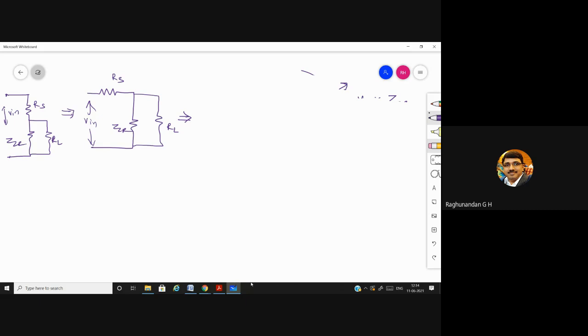As I told, Thevenin's theorem is going to combine the n number of resistances to give an effective value, or it is going to reduce the complex circuit into its simplest form.